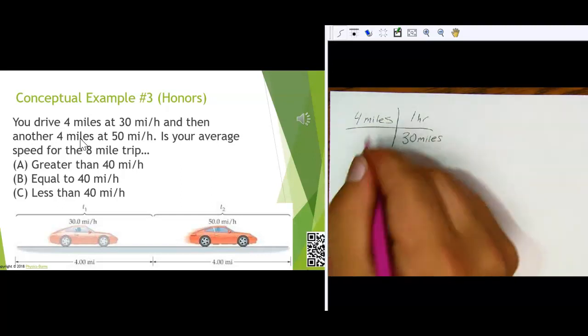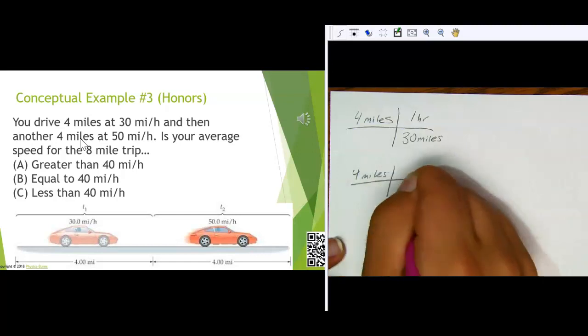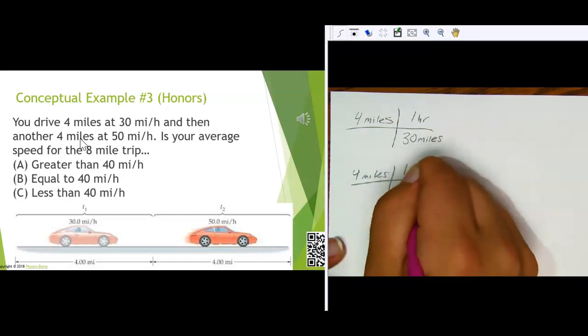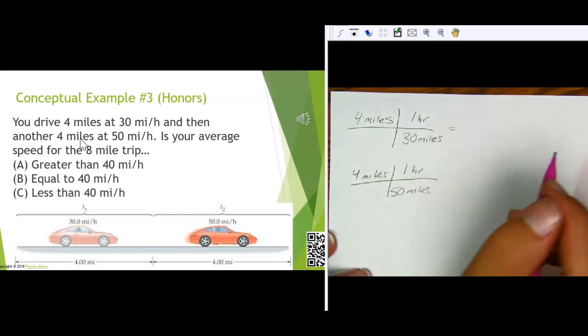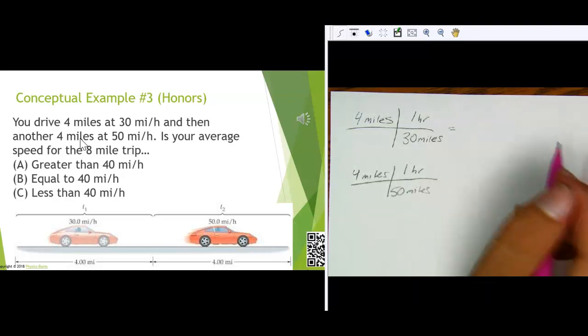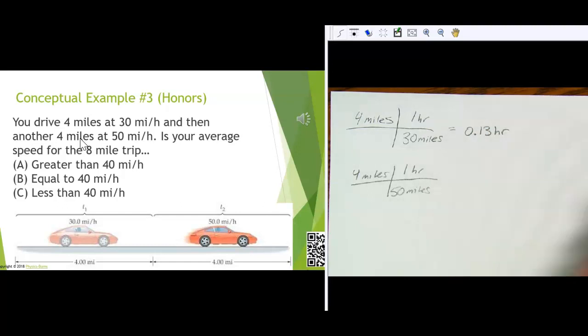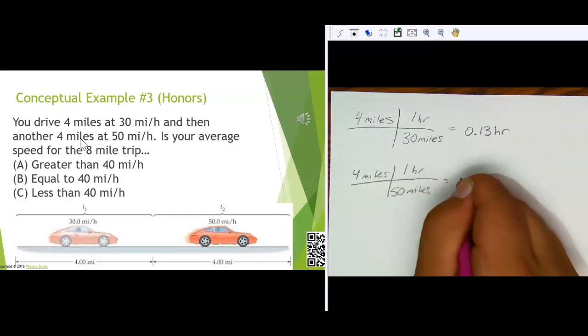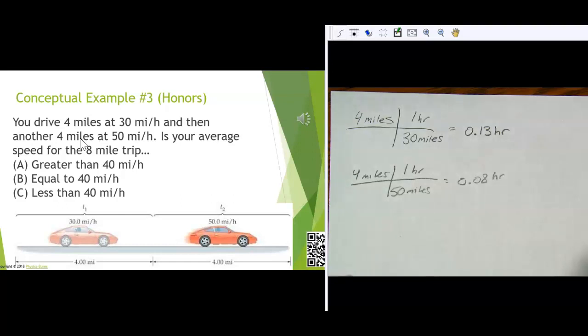My second one traveled 4 miles, but he traveled at 50 miles per hour. When I solve this, it took my top guy 0.13 hours to travel that distance. It took this guy 0.08 hours to travel that distance.